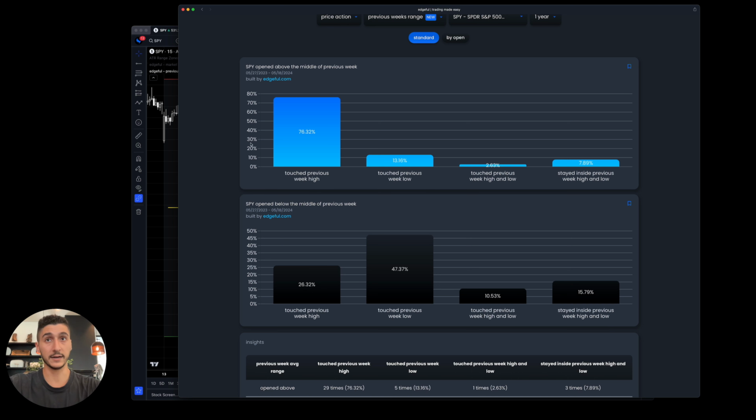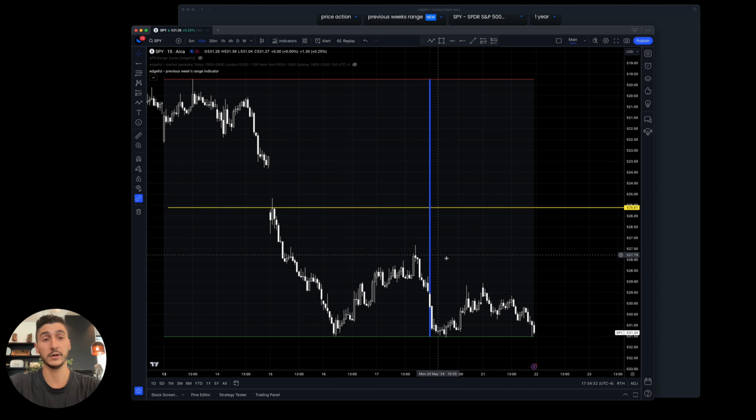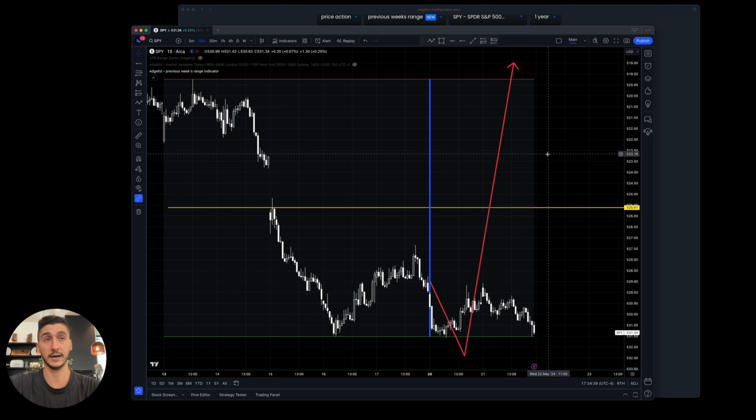The stronger data is up here for SPY, because what it shows is 76% of the time we're going to touch a level. This is actually not very strong here. Then again, another one that's very important is touching the previous week's high and low, which only happens 10% of the time. Very unlikely that we're going to go like this and then go like that.